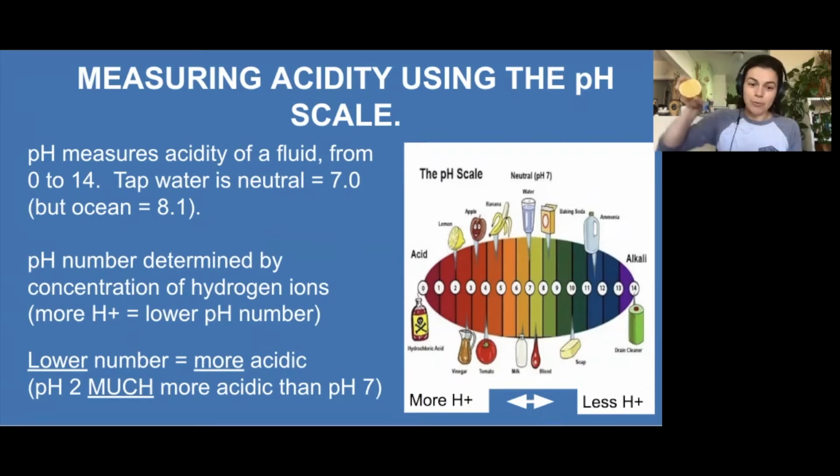Lemons are about 2, and they are very acidic, and soap is about 10 because it's basic. pH is determined by the concentration of hydrogen ions, or H+ ions, and acidic solutions have a lot of H+ ions, and basic solutions have fewer H+ ions. So a lower number on the pH scale means that it's more acidic and has more H+ ions.